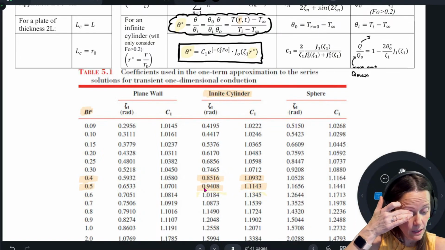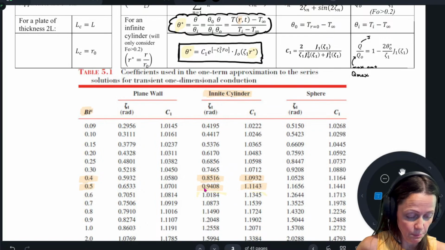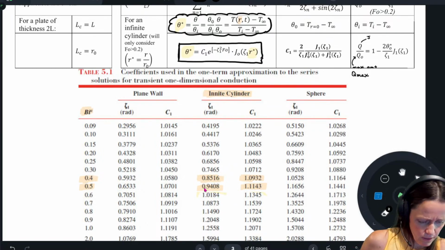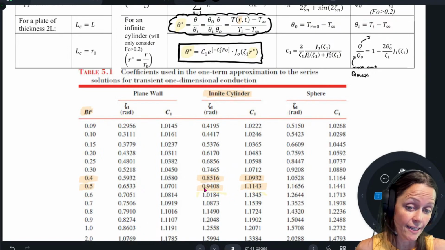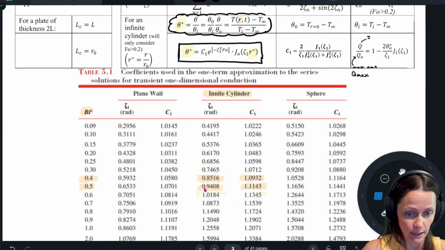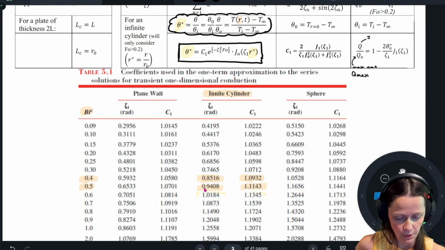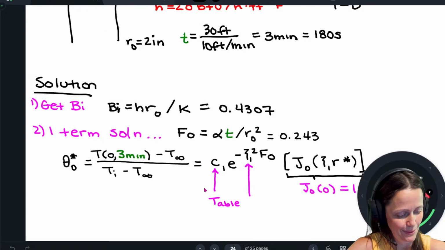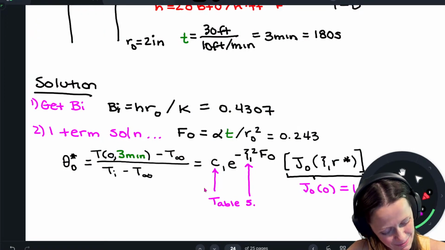So it looks like zeta is going to be between 0.85 and 0.94. I've got, let's see, 0.8784. That seems okay. And a C1 of 1.0995. That looks okay too. So let's write that. So again, table 5.1. I got a C1 and a zeta 1.